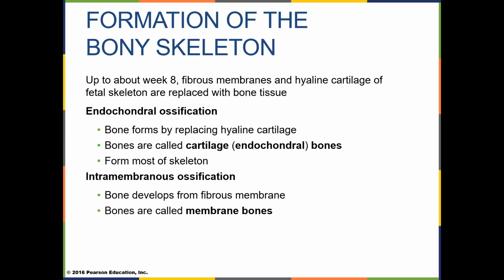The beauty of the intramembranous ossification is that our skull has to continue to be able to enlarge to allow for the rapid growth of our brain. And so we have this somewhat flexible membrane that gradually ossifies as our head gets bigger and bigger as our brain grows until it reaches its full size.